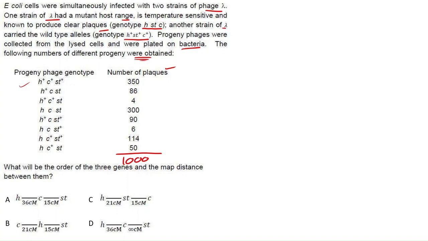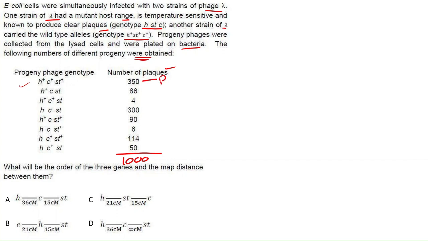So for genetic mapping, first you have to find what is the parental genotype and what is the double recombinant genotype. As I told you in my previous videos also, the highest number of the F2 progeny which show a particular genotype is the parental genotype.